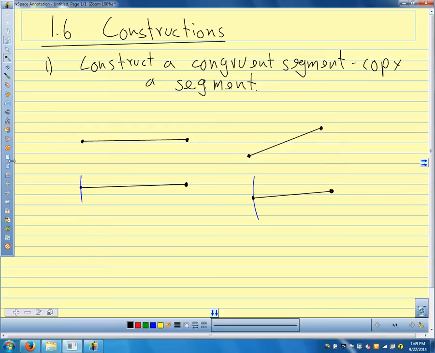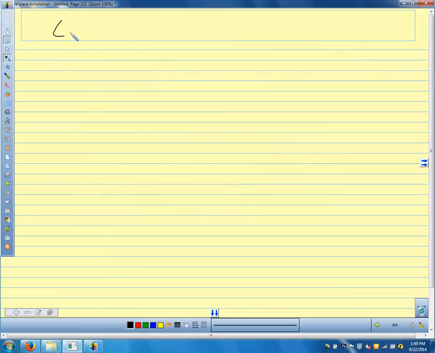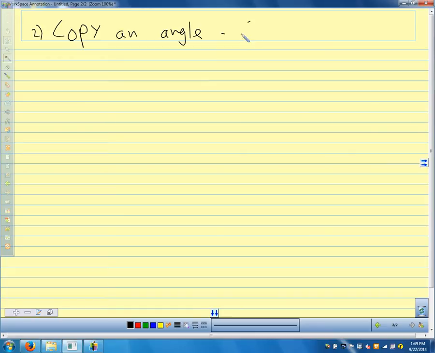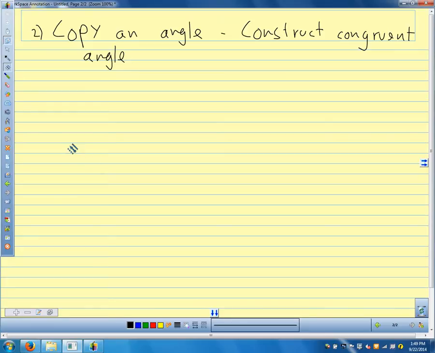Next one we're going to do is copy an angle. And the other way you'll hear this is construct a congruent angle. So here's the angle that I want to copy.